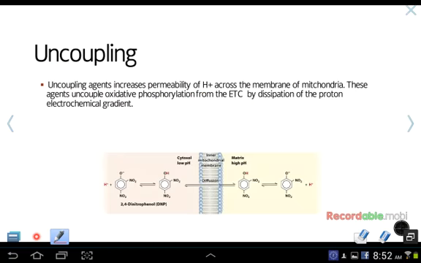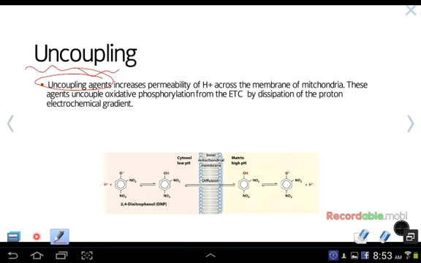So, obviously the coupling of the electron transport chain that produces that proton gradient and oxidative phosphorylation that harnesses the energy of that electrochemical gradient dissipation is important for ATP synthesis. However, as you remember in our case study, we are able to uncouple those two processes if we use uncoupling agents.